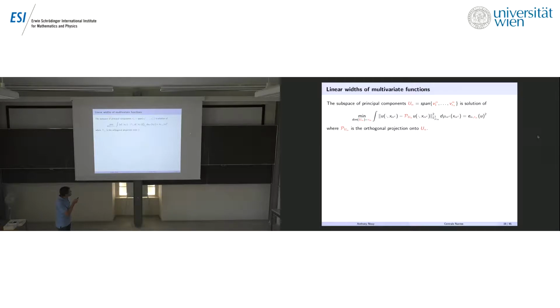And the subspace of principal components is a solution of this optimization problem over all subspaces of dimension R_alpha. Now, this is the way principal component analysis is usually written down. Okay?